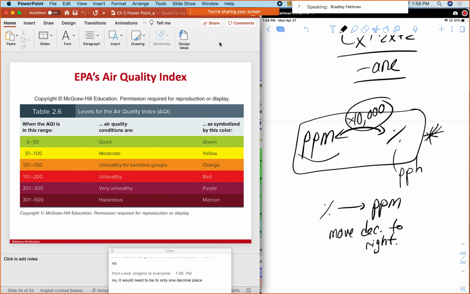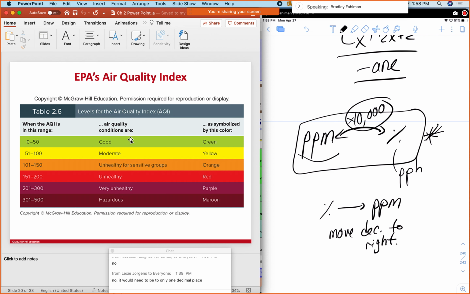The air quality index, I'm not going to have you memorize these numbers, what's unhealthy versus very unhealthy. Just know that the CMU colors are the worst. As you're getting closer to CMU's colors, the air quality is getting bad.